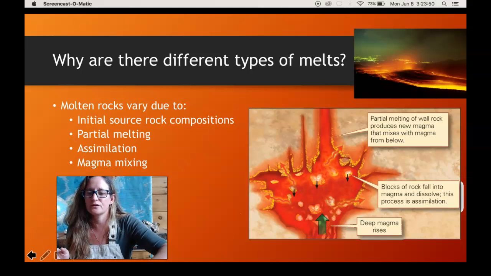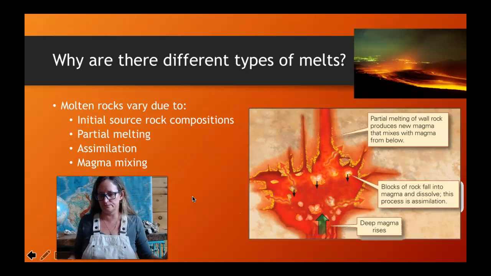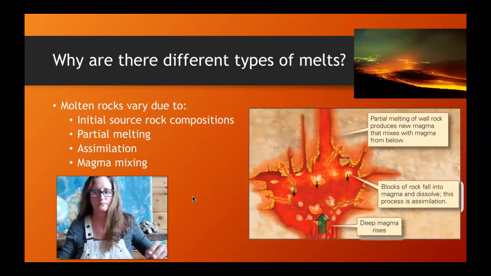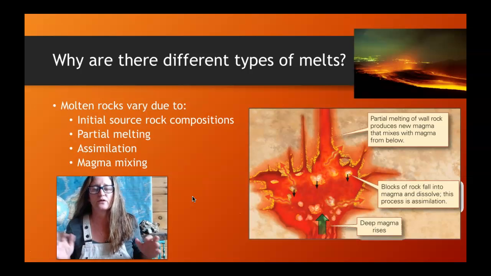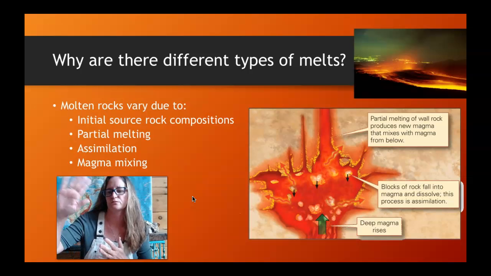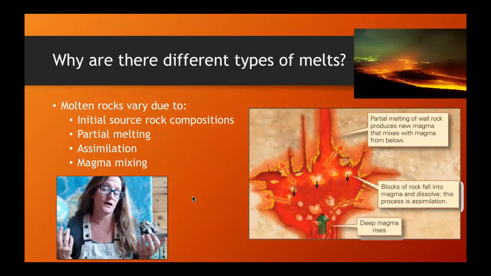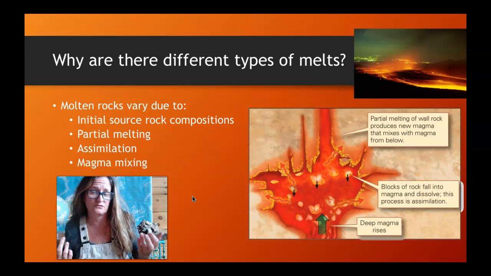Okay, the different chemistries are going to be related. We have different chemistries, different amounts of gas, and that is going to be dictated by a bunch of processes. What is the initial rock that's getting melted? That matters.